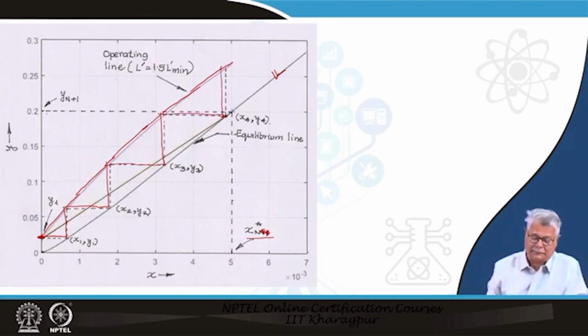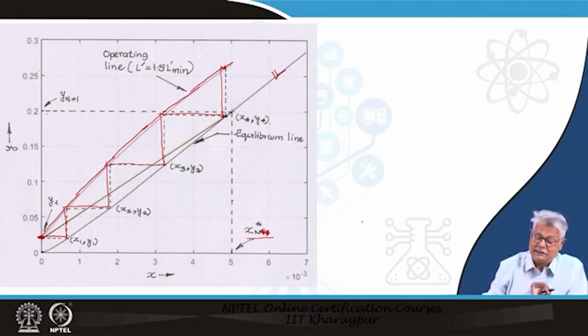You will notice one thing. In this specific case, how many stages have we considered? We have considered 1, 2, 3 and 4. And in the fifth stage, if I go, the fifth stage allows me to have, instead of 0.2, possibly something around 0.26 inlet concentration.